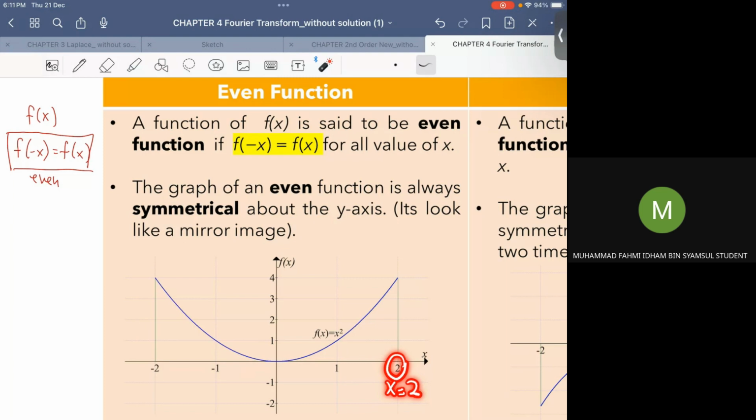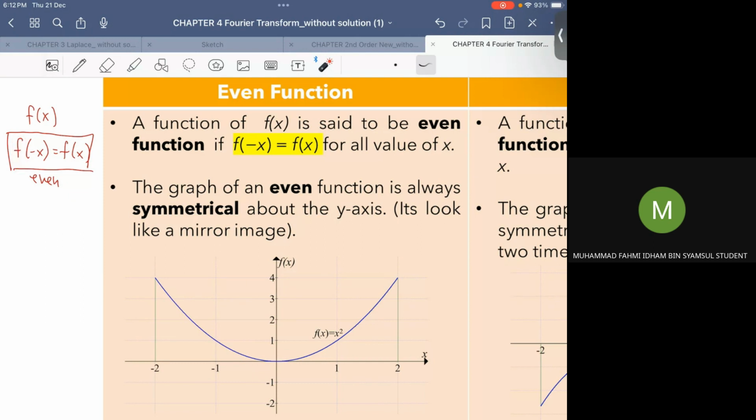When x equal to 2, you find that f(x) equal to 4. Now you substitute x with negative x, so you take -2. Now let x equal to -2, and you observe that f(x) also equals 4. So this one and this one are the same. So we have proved that for an even function, the function fulfills this theorem.